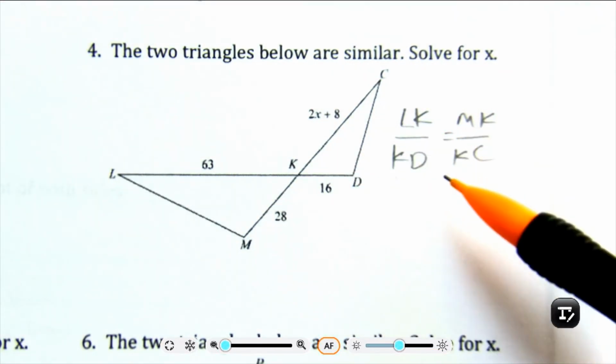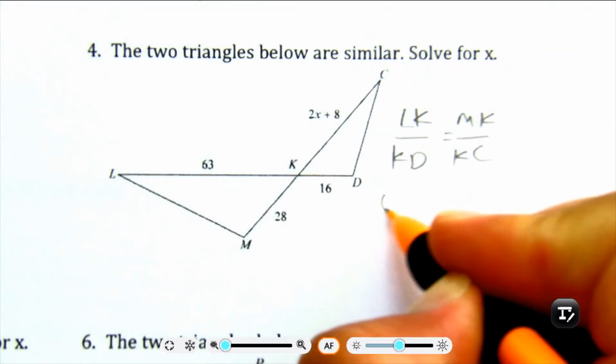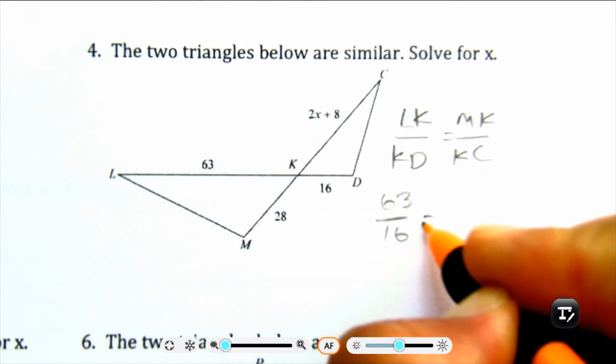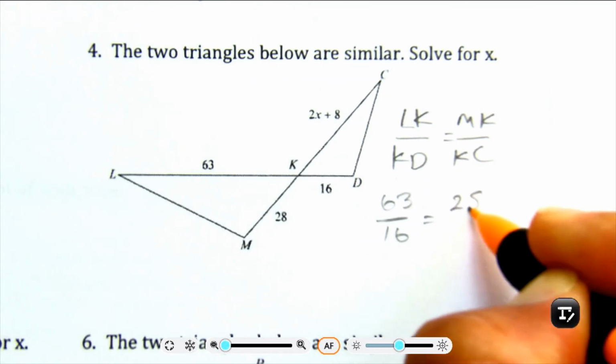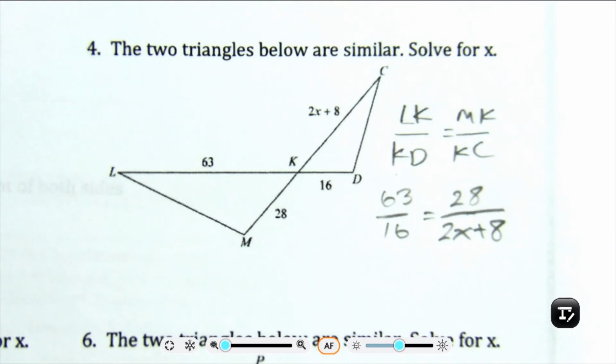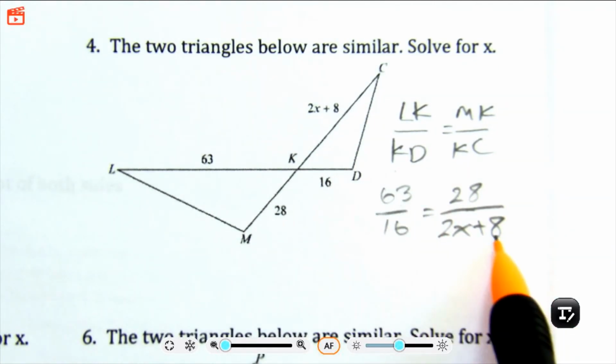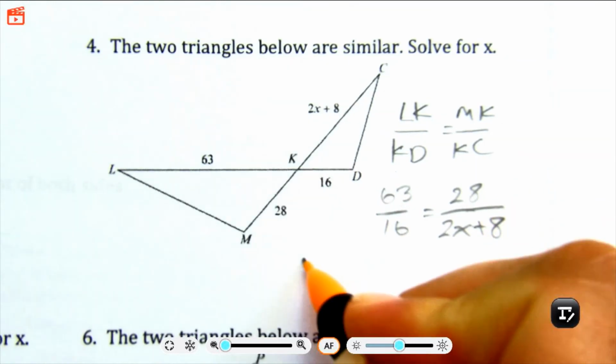Then substituting the values, I get 63 over 16 is equal to 28 over 2x plus 8. Cross multiplying, so I'm going to use my calculator. 63 times 2 is 126. 63 times 8. If I multiply 63 times 2x plus 8, I'm going to get 126x plus 504.